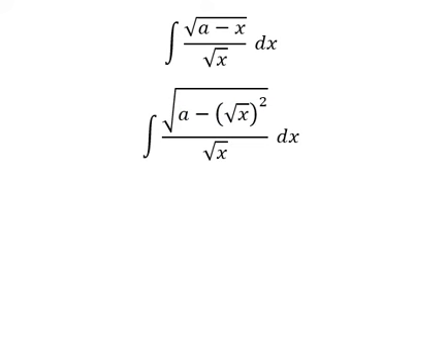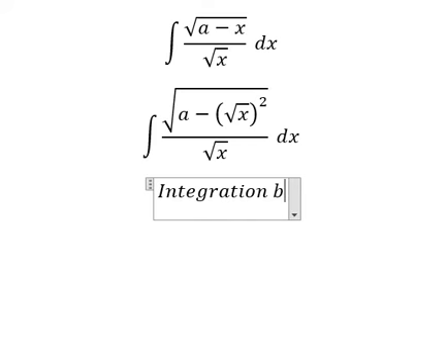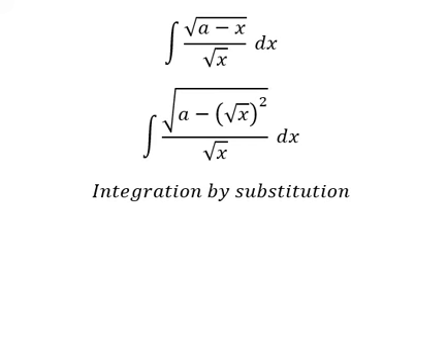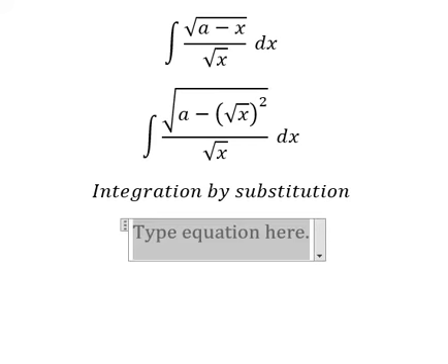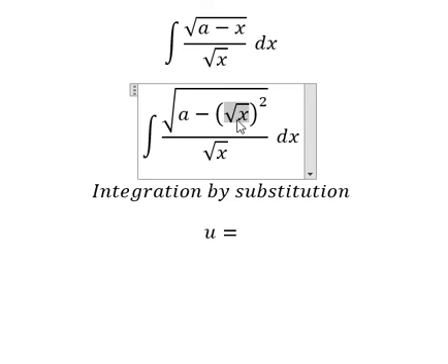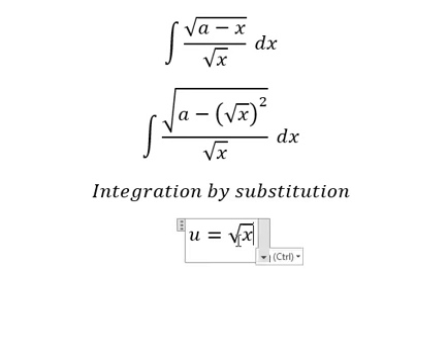Next, we can use integration by substitution. So I will put u equals the square root of x. Later we do the first derivative for both sides.